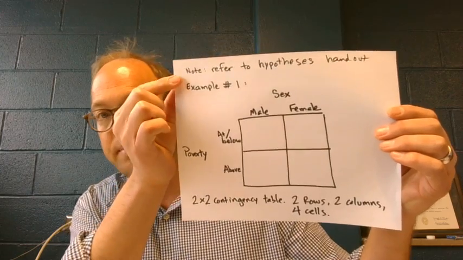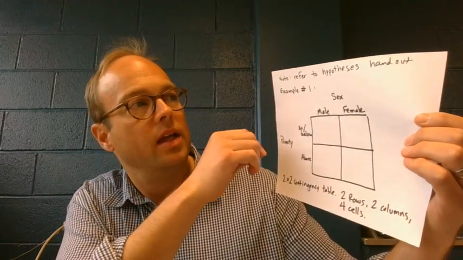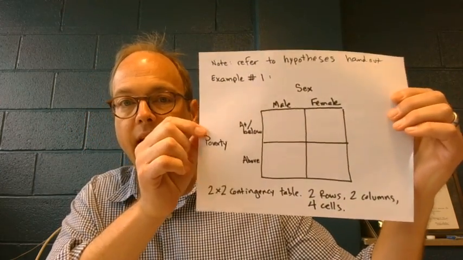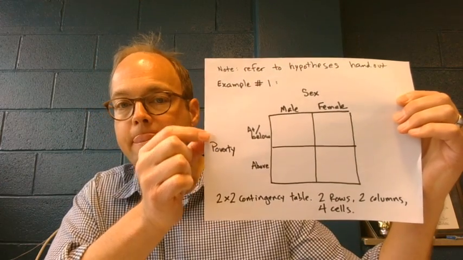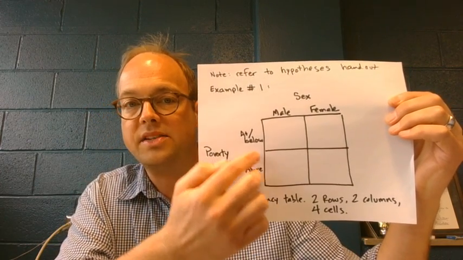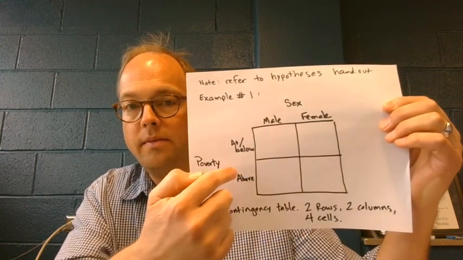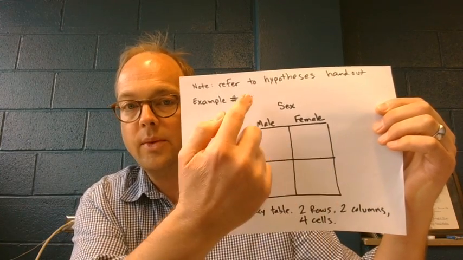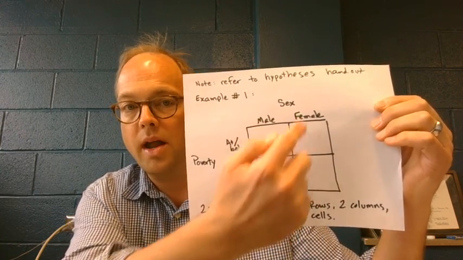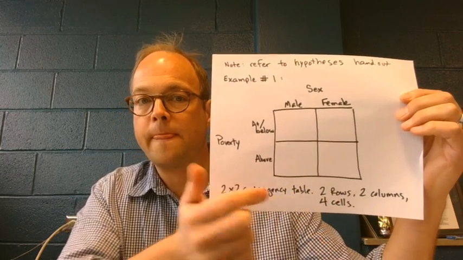And you can see at the top here, I remind you, please refer to the hypotheses handout. Example number 1. As you can see, we've got 2 rows. This is row number 1 and row number 2. And then we have 2 columns, column number 1, column number 2.